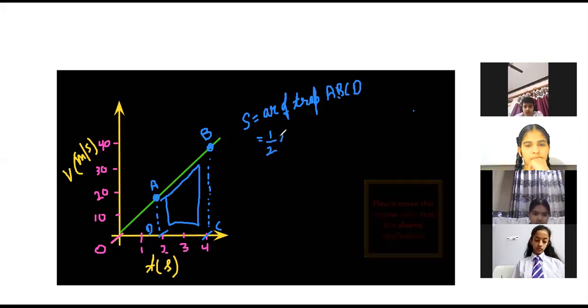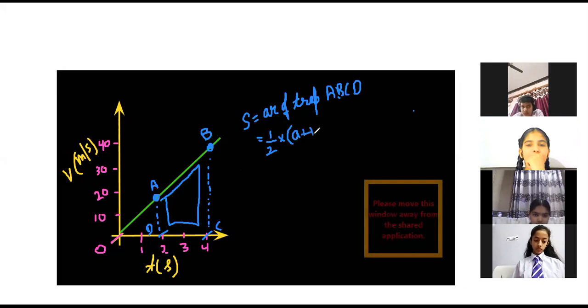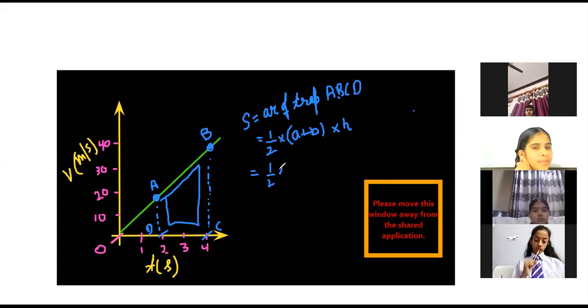So the area of a trapezium is what? Half into sum of parallel sides. Let's say the first side is a, the second side is b, multiplied by the height h. So half into AD, the first parallel side, plus BC, the second parallel side.